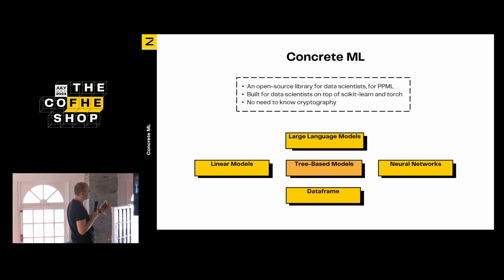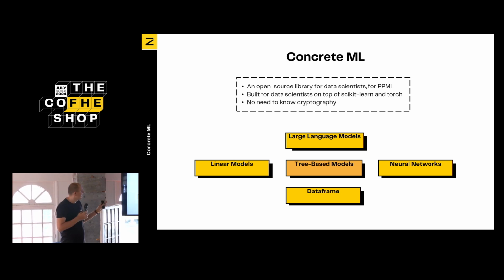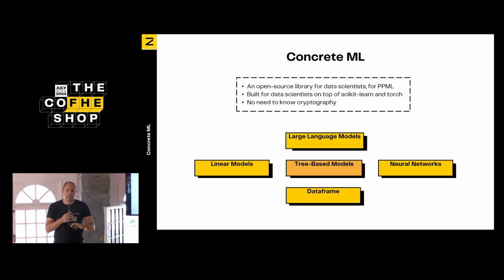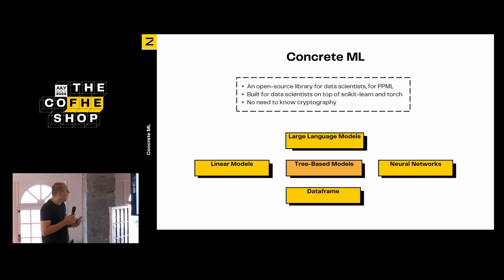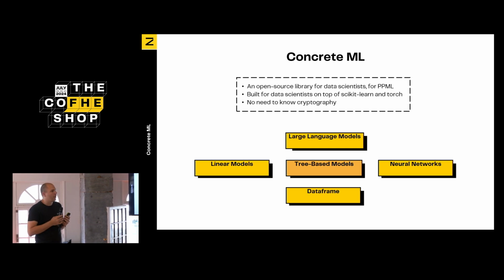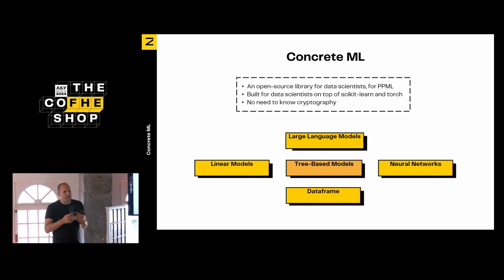We implement many types of models, for example linear models, tree-based models, and neural networks, which are the most classical ones. And of course we also support large language models, which are the most popular ones being used today. Finally, we also support a data frame style API to do pre-processing of data.